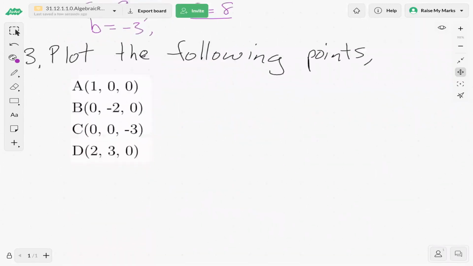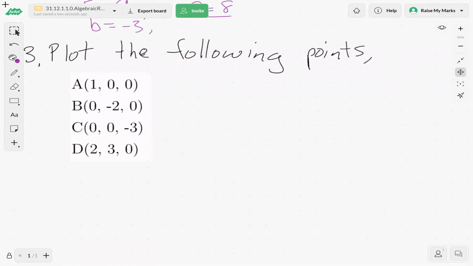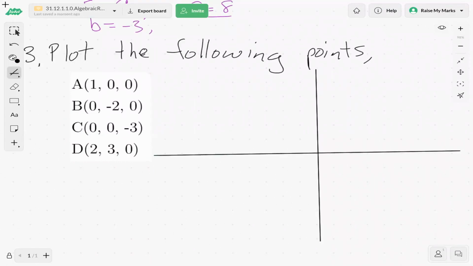So plot the following points. All right. So again, we need to draw our axes. So why don't we do that? Z-axis, Y-axis, and X-axis.